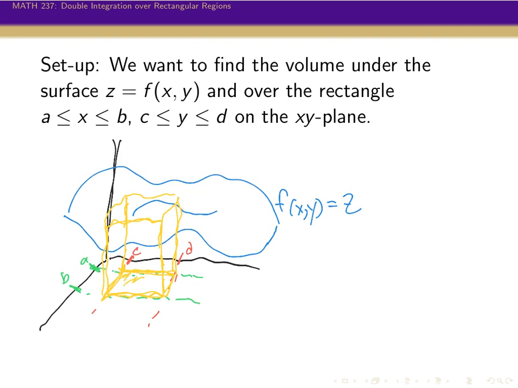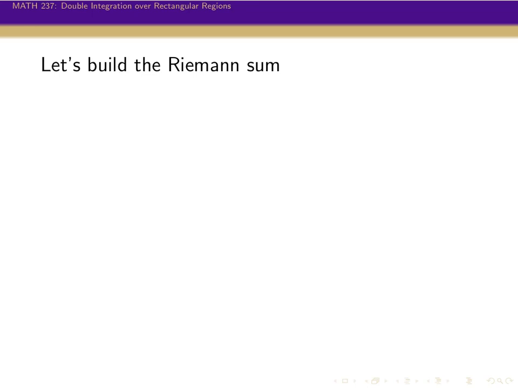We're going to do the same thing, except now our region on the bottom is going to be a rectangle instead of just some straight line. But we're still going to approach this the same basic way. We're going to build a Riemann sum to do this. So we're going to look at the base on the xy plane.